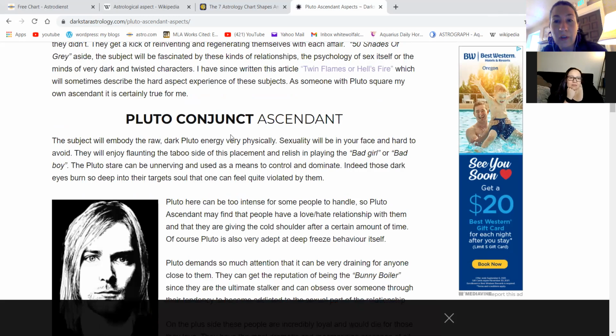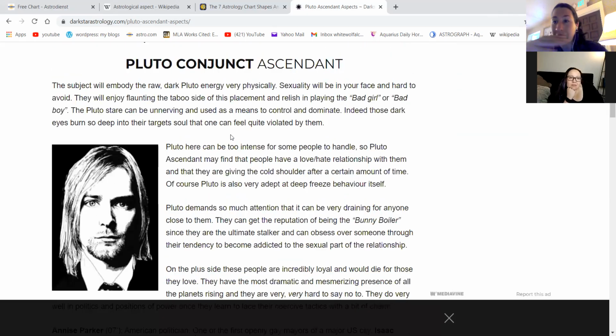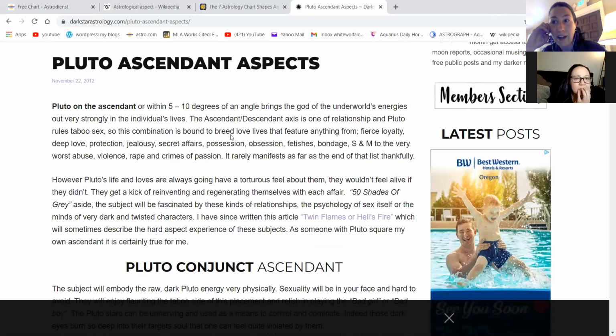As someone with Pluto square my own ascendant, that is certainly true for me. So when you look at your Leo rising, you mix a flavor of Pluto in there throughout your life. So you're kind of called a Plutonian kind of person.